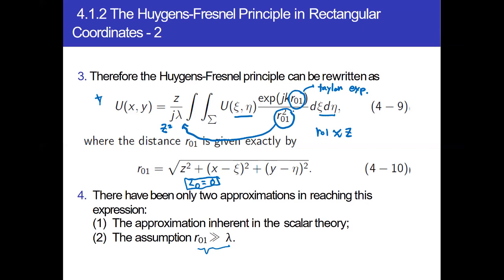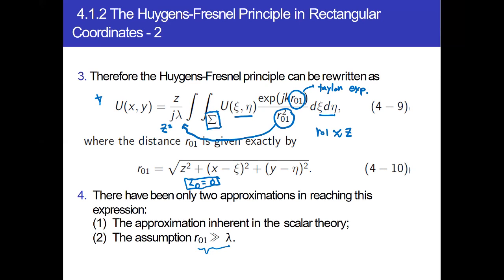So there are two things. We have an R01 in the numerator and an R01 in the denominator. The denominator is taken out of the integral because this is only an integral over xi and eta, over the aperture sigma. So R01 is similar to Z, then it is not dependent on xi and eta, so we can just take it out.